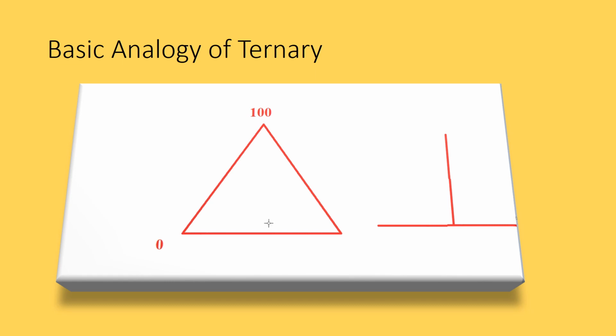It's an equilateral triangle. Here are the three axes x, y and z. The basic analogy behind the ternary diagram is that suppose this is the x-axis, and the value of the x-axis here is 0, and this is the apex, this is 100. We can place the x-axis and y-axis in that triangle.